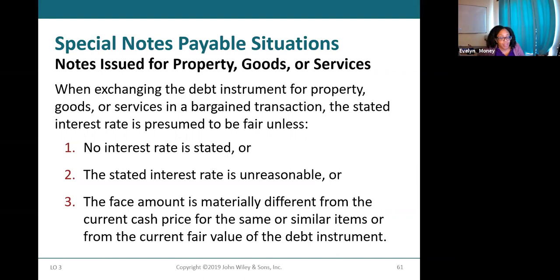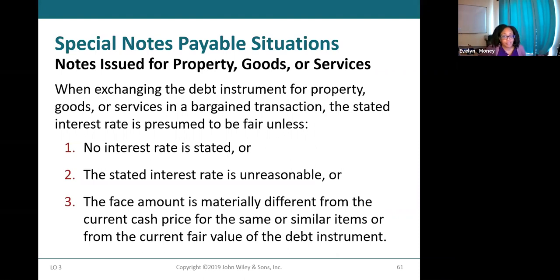There's a huge difference between that and the current sales price or cash price for the goods, property, or services that we're talking about. In other words, if a note is issued and the fair value of the goods is the same as the value of the note, there's no discount or premium.